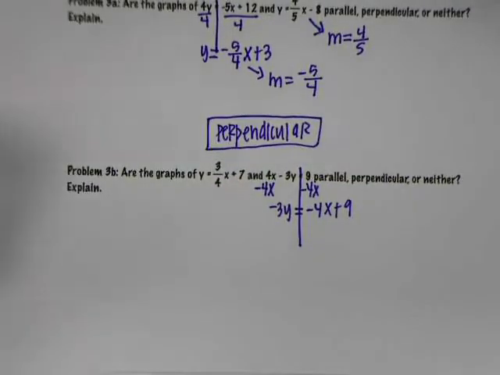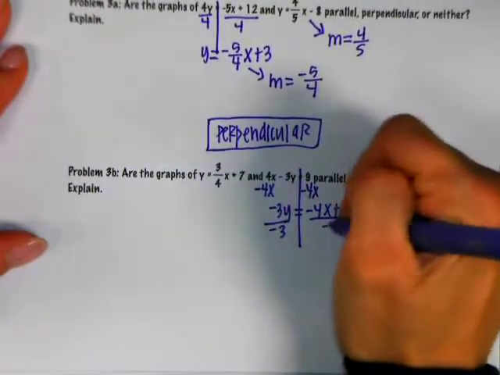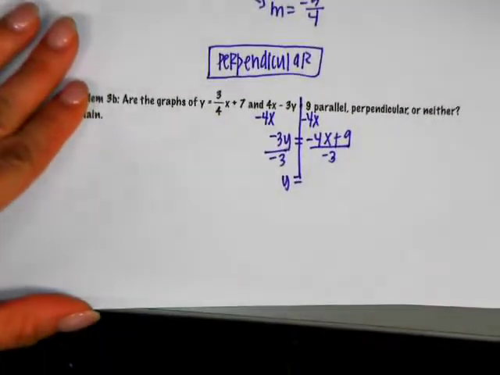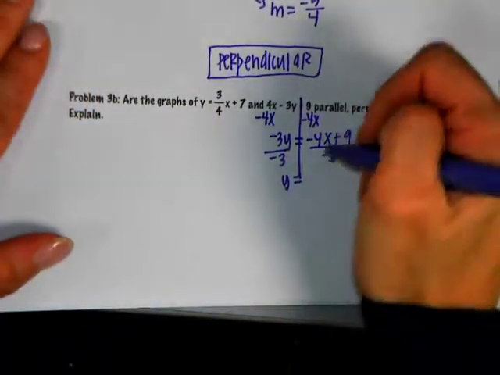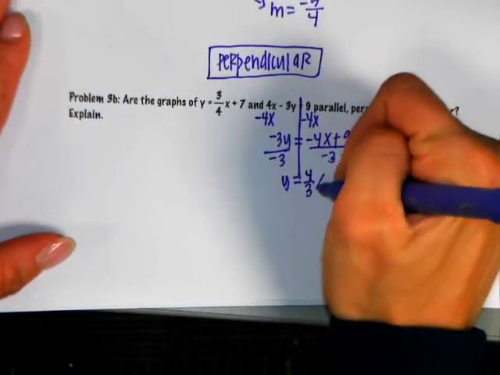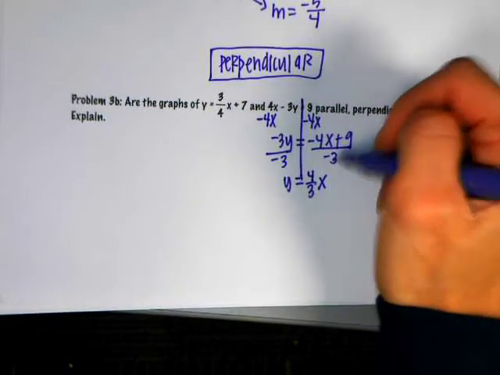And then what? Yep, divide by negative 3. So y equals, what's a negative over a negative? Positive. So positive 4 over 3 x. And then 9 over negative 3 is going to be minus 3.